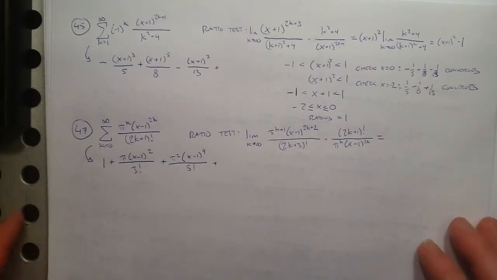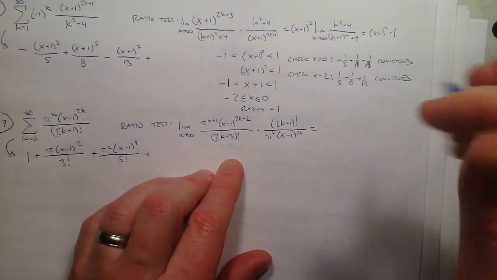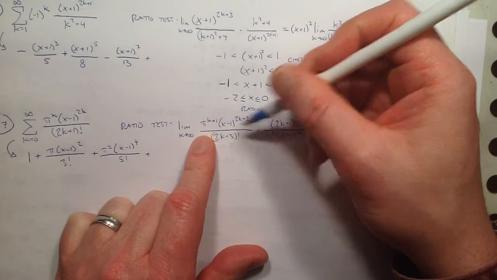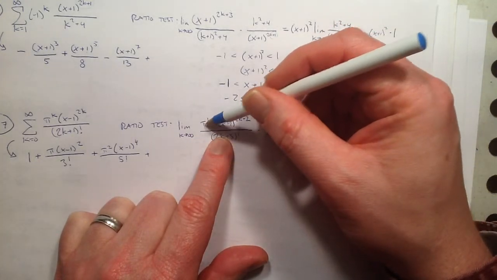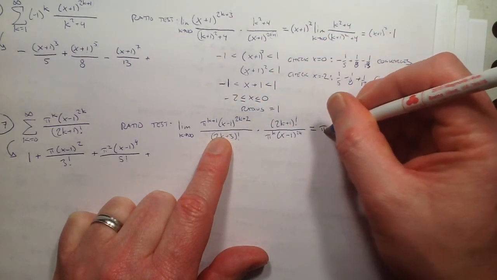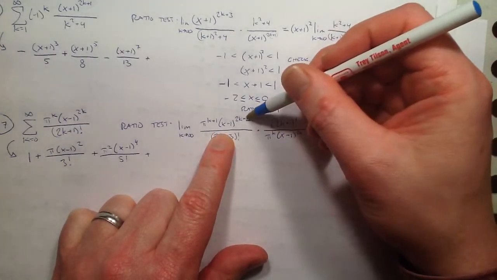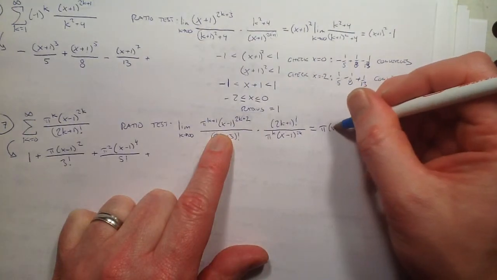All right, so what do we have for x's here? The pi's also have k's, but once we cancel them, I got pi to the k plus 1 and pi to the k, so there's 1 pi left over. I can bring that outside my limit because it's just a constant. And then here I've got 2 extra x minus 1's.